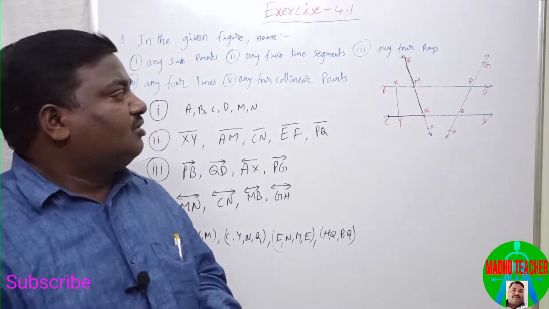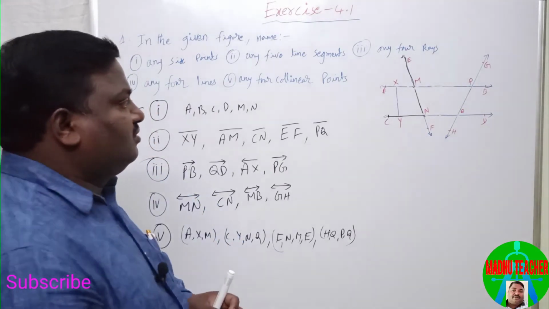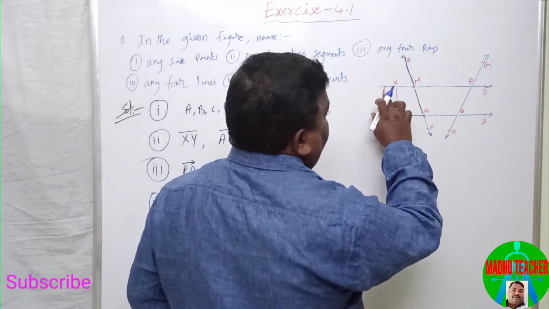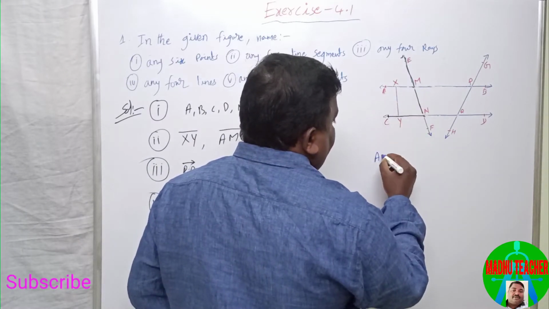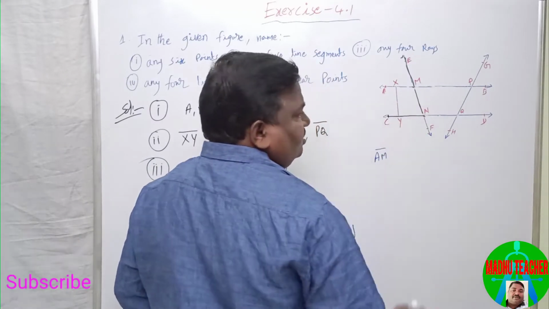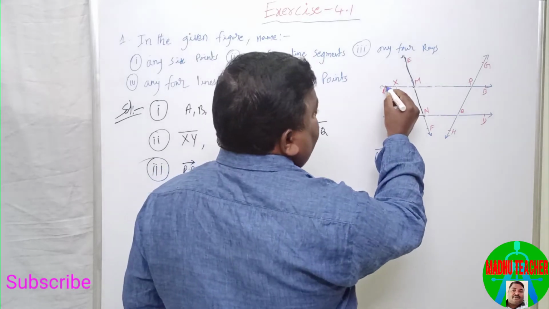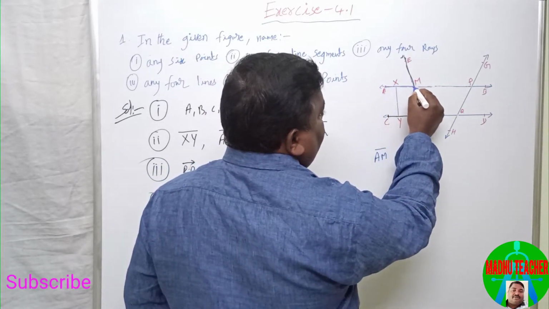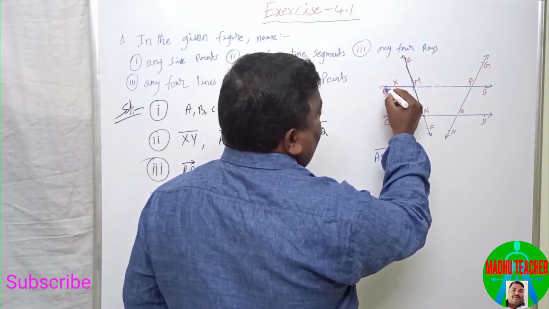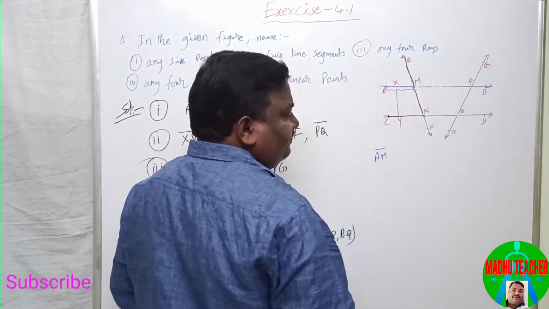Generally we have a confusion. Here AM is a line segment. It is just from here to here, only from here to here.